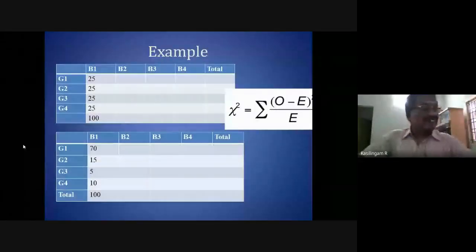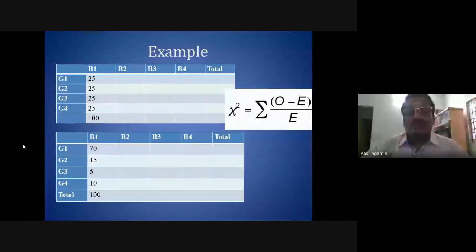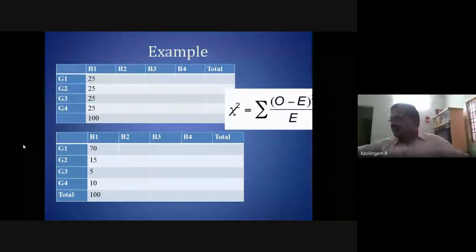Let us assume that there is an MPhil class. In that MPhil class, there are only 8 students. Small classroom. Only 4 desks are there. In each desk, 2 people can sit. So 4 desks, 8 people.